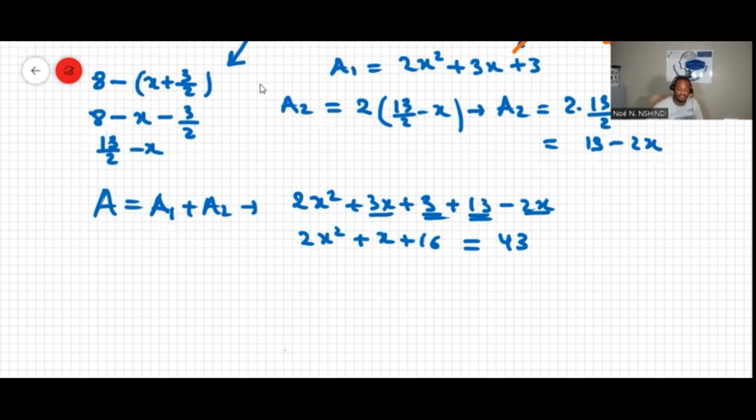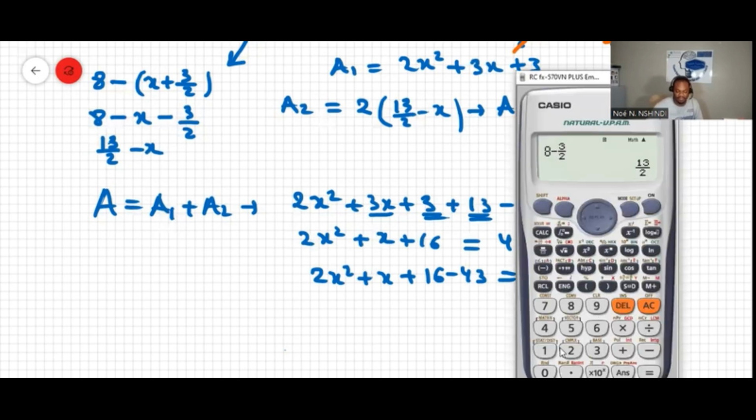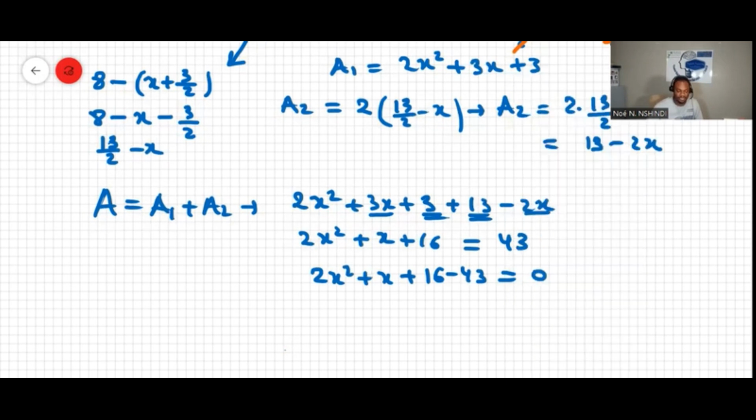Now, if I move 43 over, that makes 2x squared plus x plus 16 minus 43 equals 0. And then 16 minus 43 is negative 27. So that makes 2x squared plus x minus 27 equals 0.